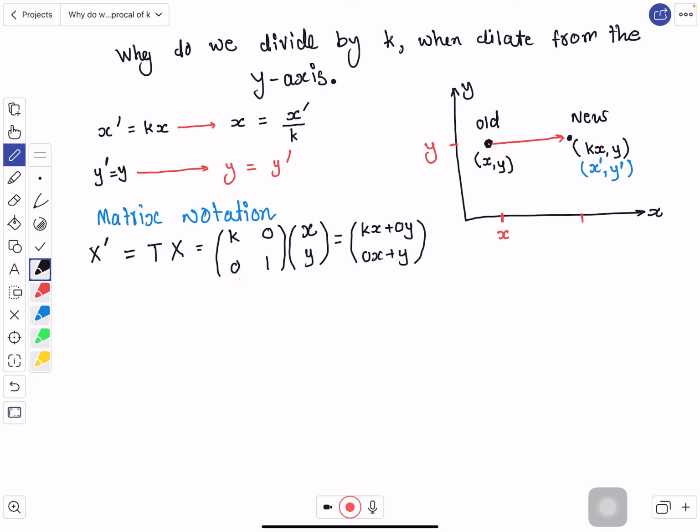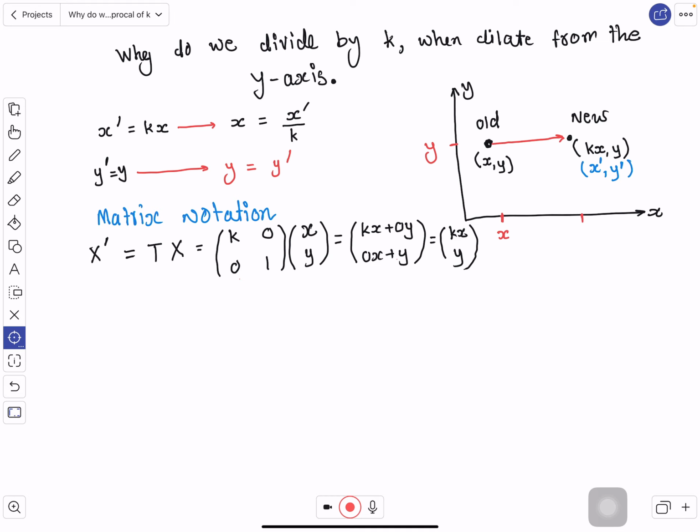So we get kx over y, as we would hope, because this is the new x and that's the new y. So they both agree in terms of the solution we're getting.